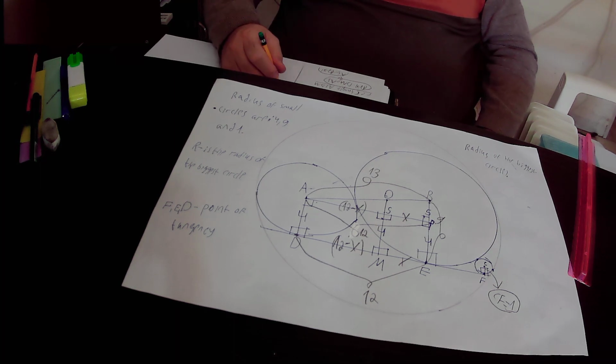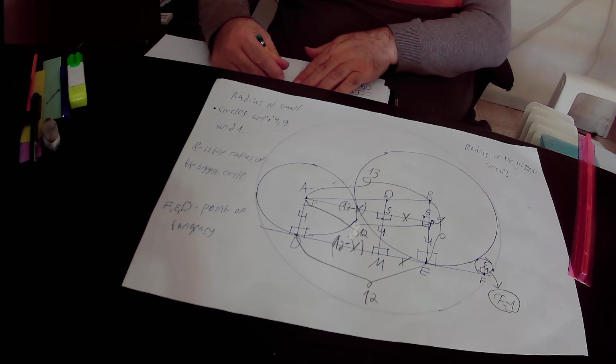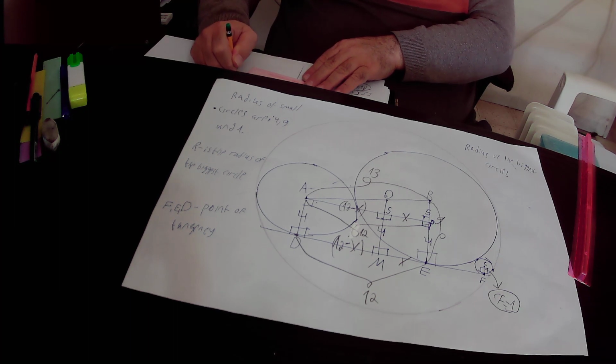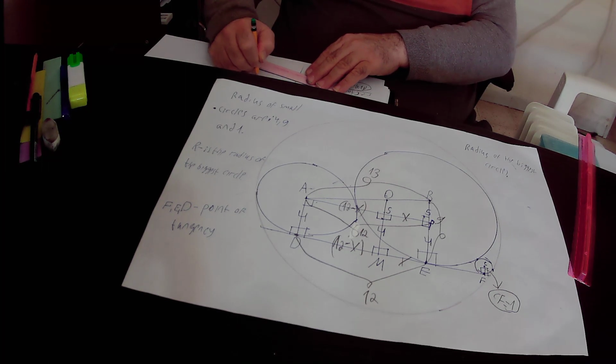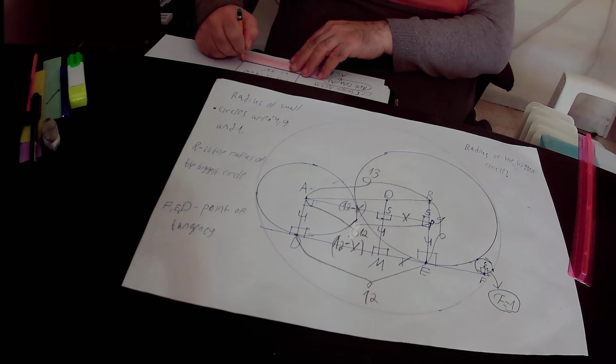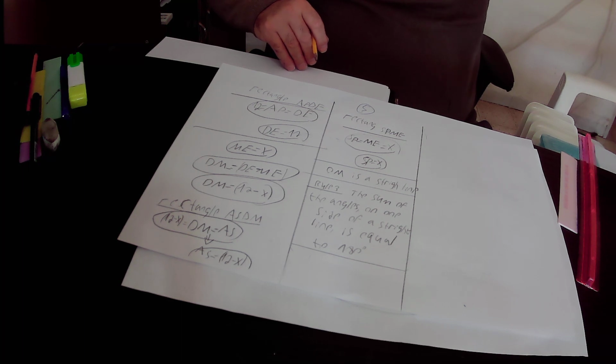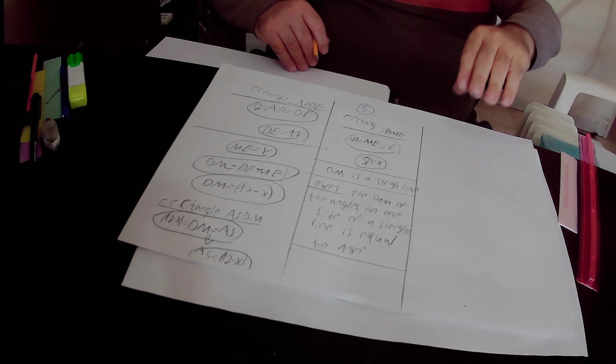So I write it down: rule number 3. According to rule number 3, the sum of the angles on one side of a straight line is equal to 180 degrees.